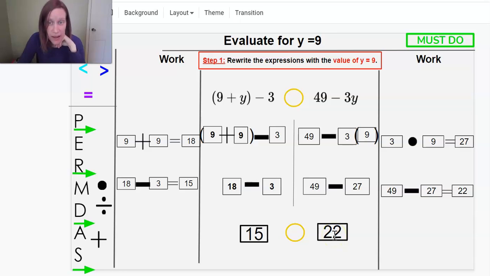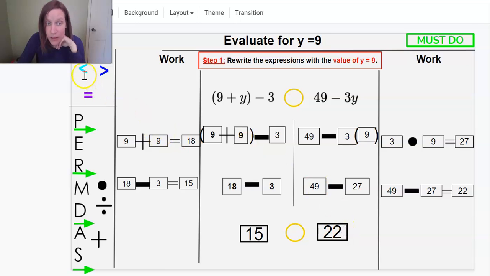So then the last thing I have to do is put my correct inequality symbol in these circles. So I'm always reading from left to right. We read from left to right in math, just like we do in reading. So I want to read this number sentence as 15 is what to 22? Well, 15 is less than 22.